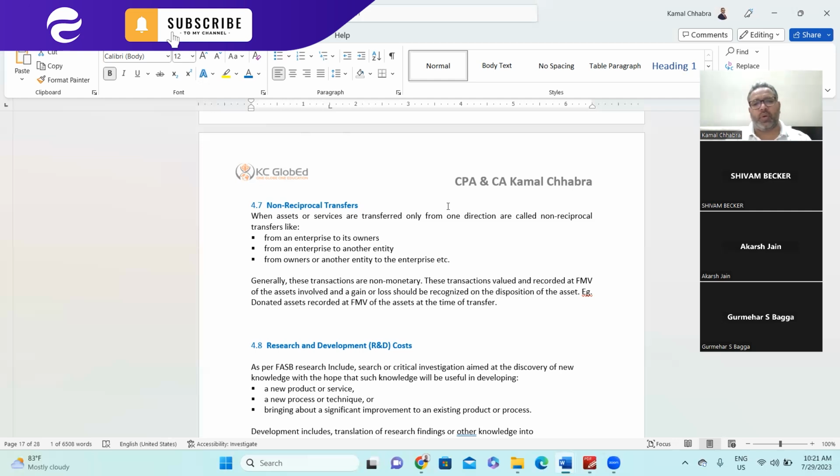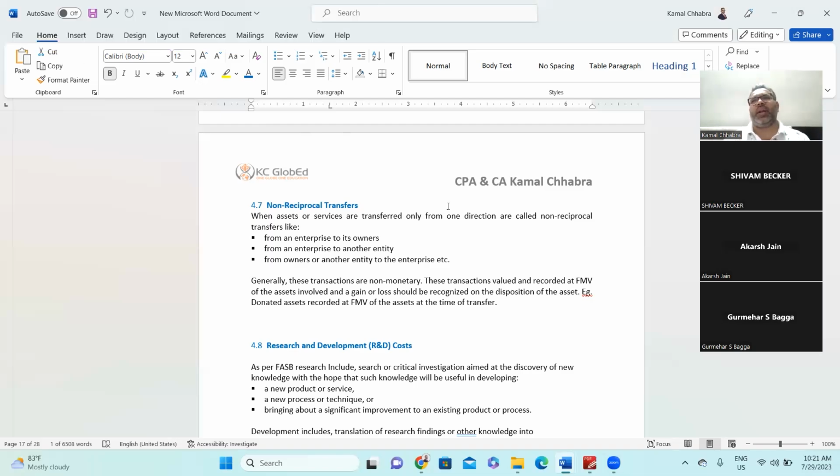Third could be from an owner to another entity of the enterprise. In a group company there would be multiple entities, from one owner to multiple entities in which they have direct ownership. Those are called non-reciprocal transfers.